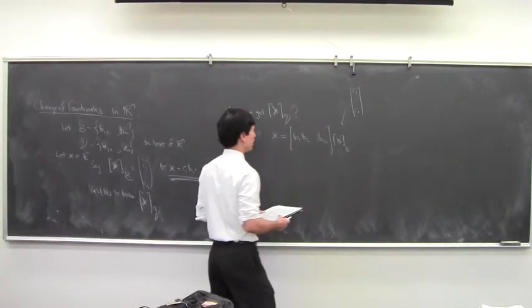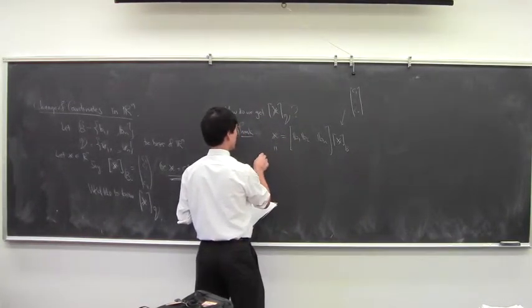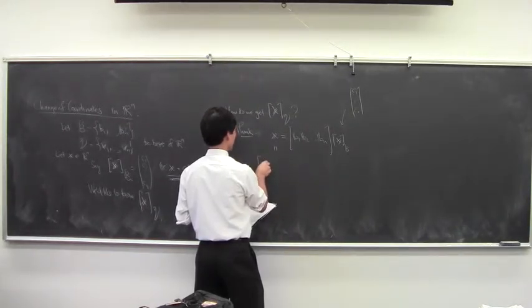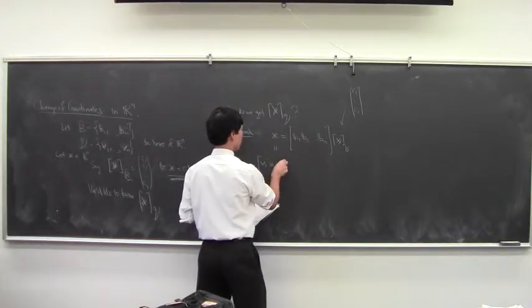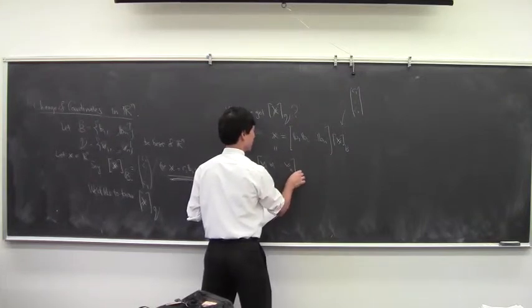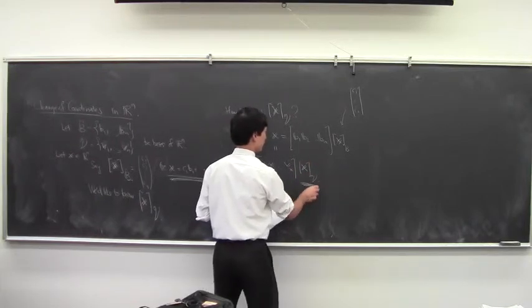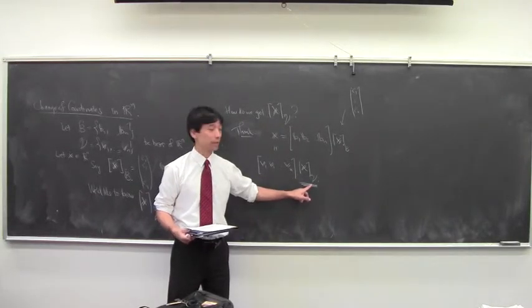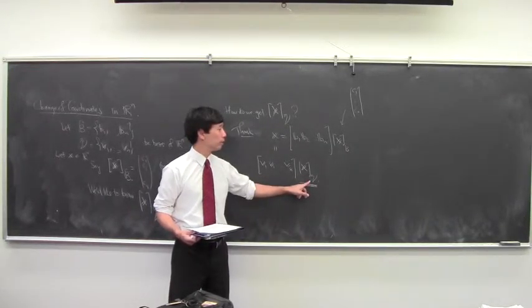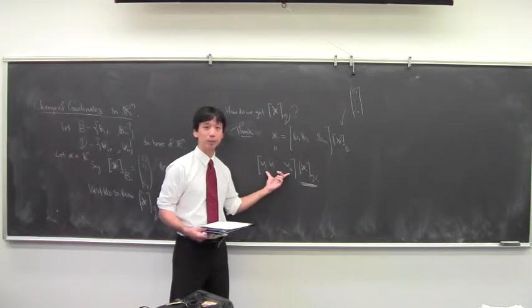Okay. And so we're hoping to figure out how to express this guy. We would like to know this guy. And so all we need to do is take the inverse of this matrix and multiply on the left by it.